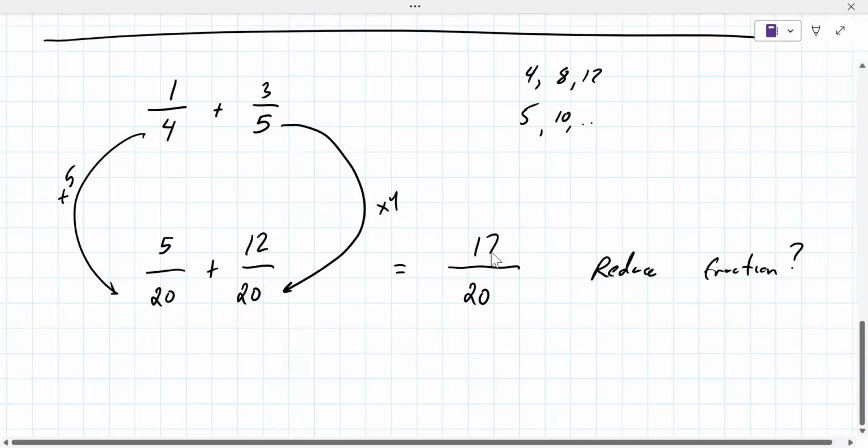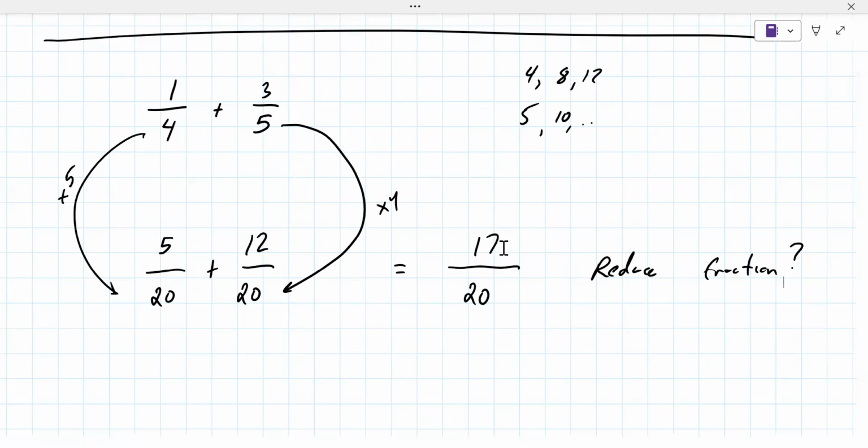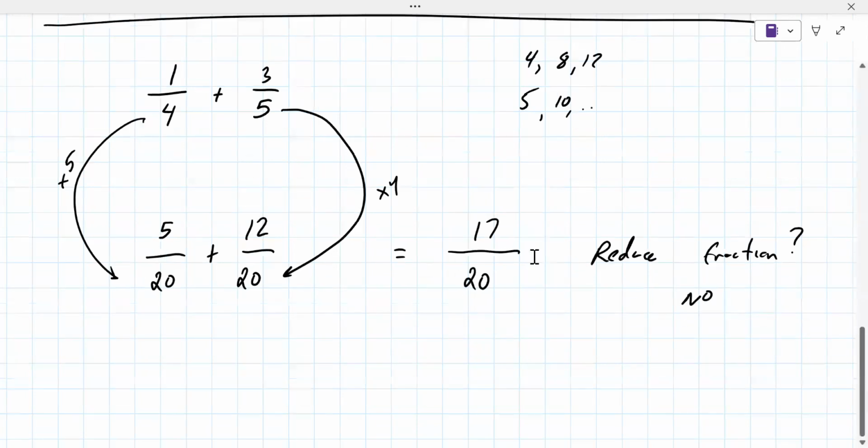Is there a number? This does not reduce.